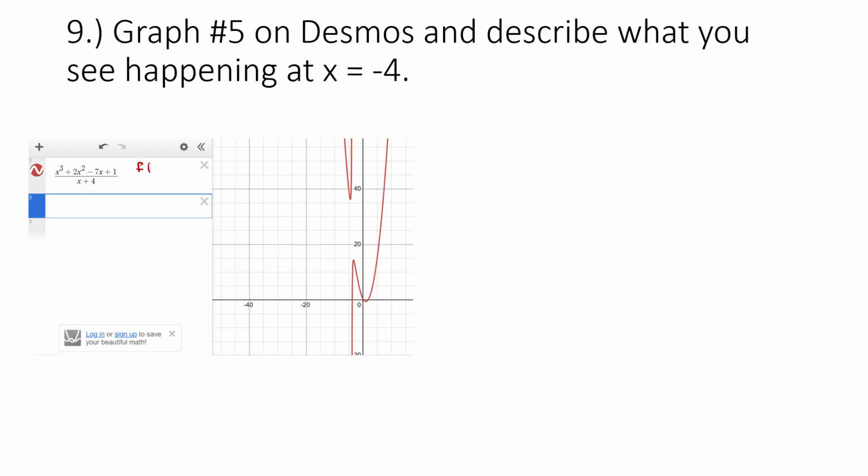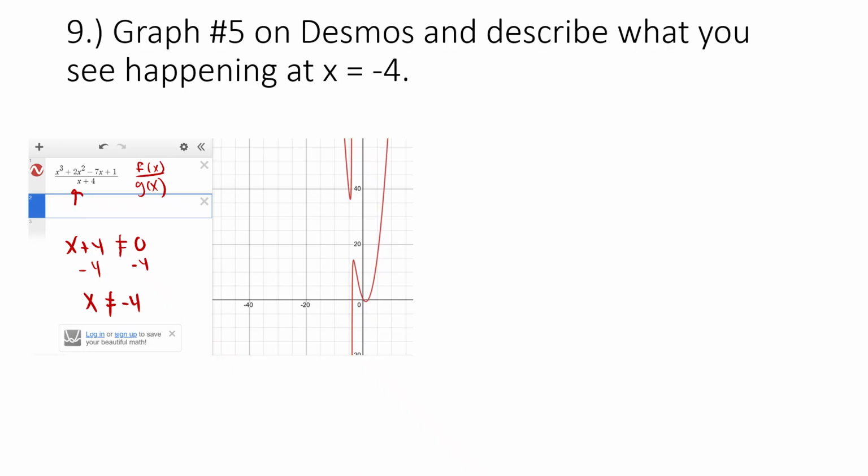So this is f of x divided by g of x. And when you're looking at that negative 4, this is where we have that restriction, we're not allowed to divide by 0. So you've got this x plus 4 in the denominator, but that is not allowed to be equal to 0. Therefore, x is not allowed to be equal to negative 4.